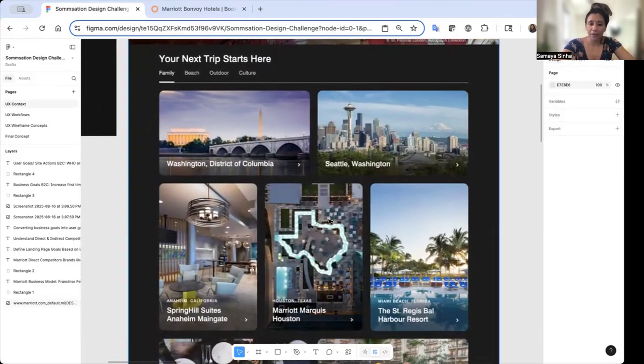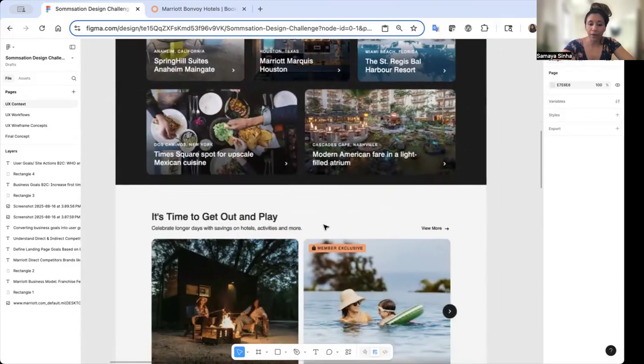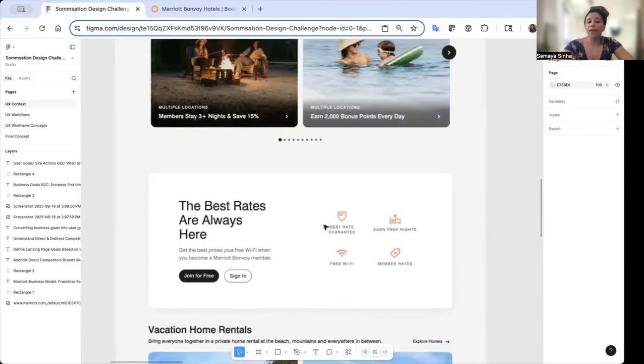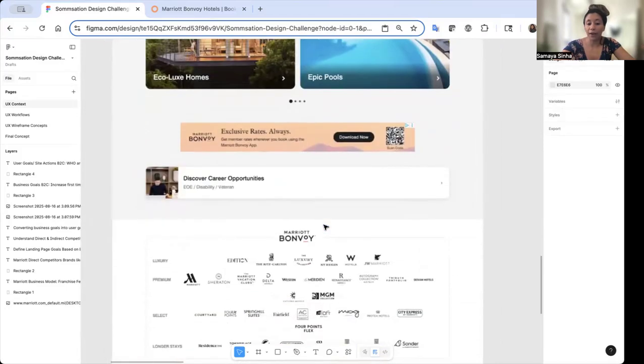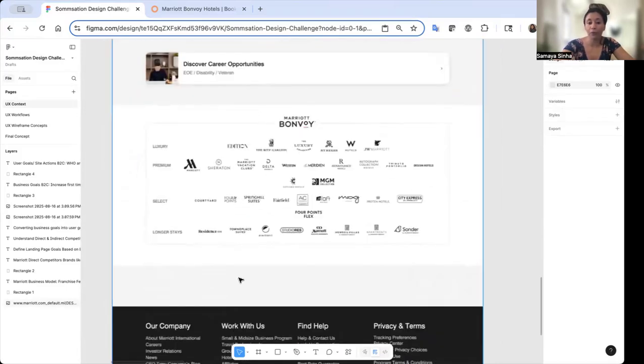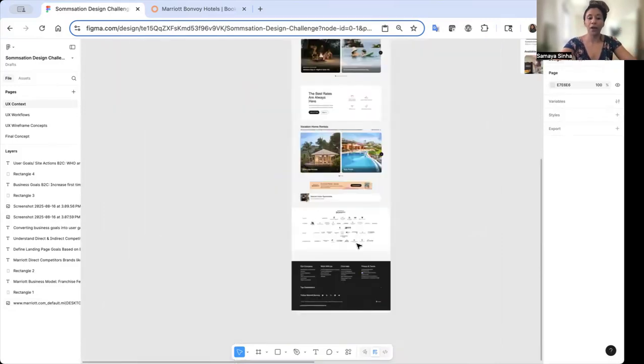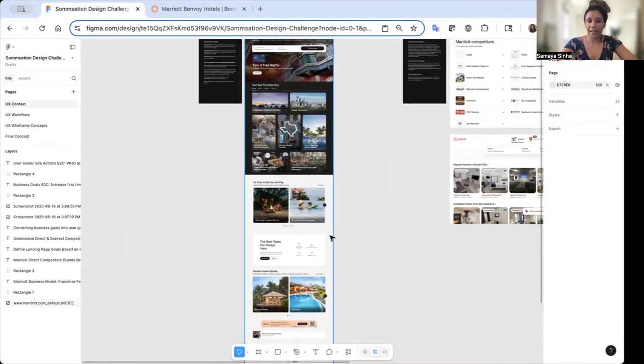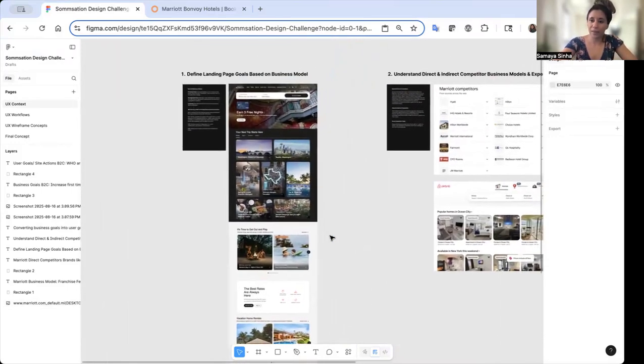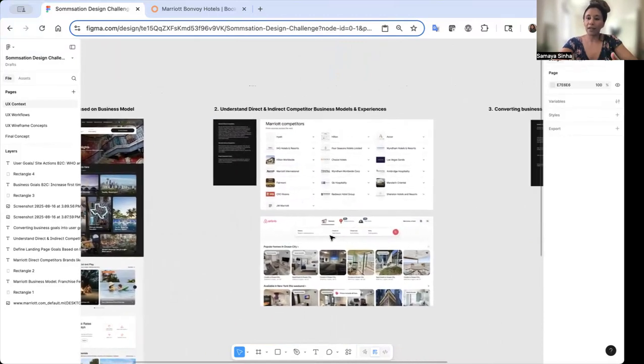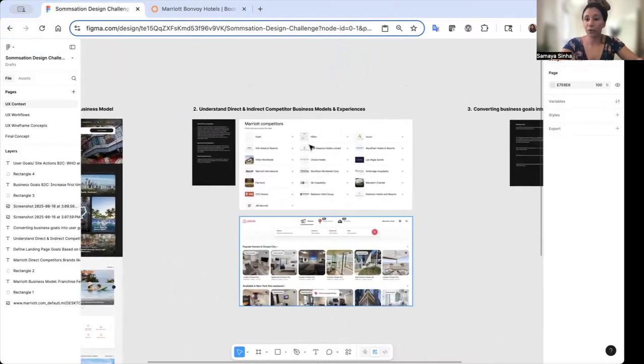They highlight different locations where their brands operate, and they also provide information on their credit cards and all the brands that they are a part of. I think it's really interesting to get that perspective on the business model before diving into how to improve their landing page and landing page architecture.